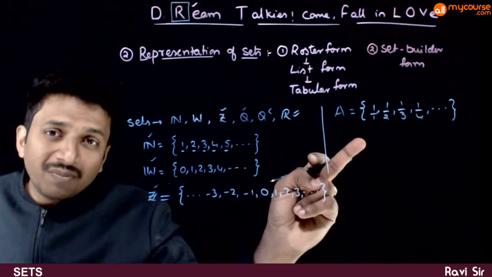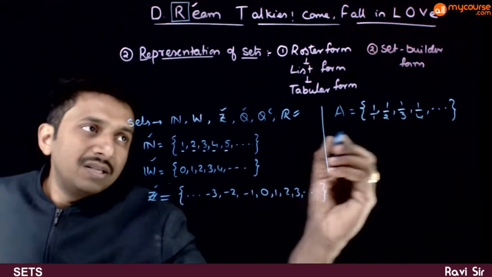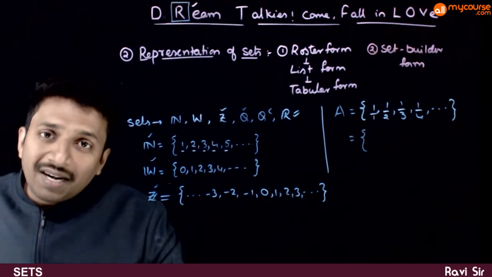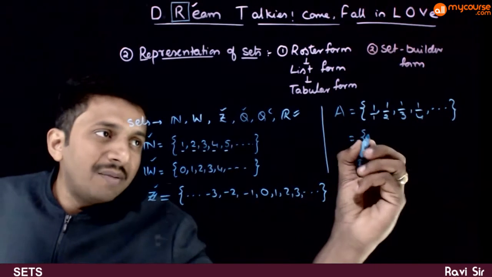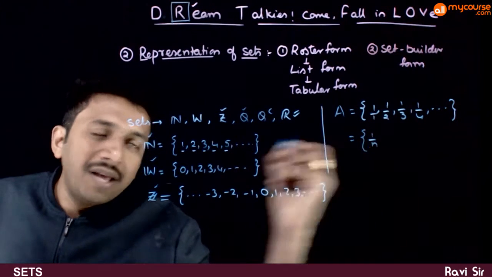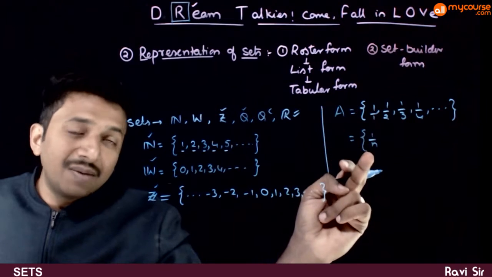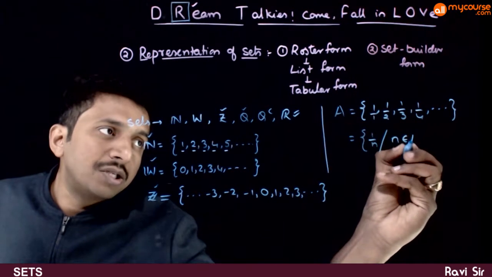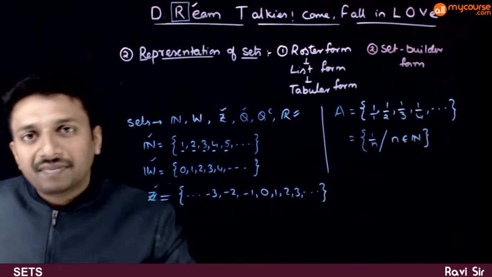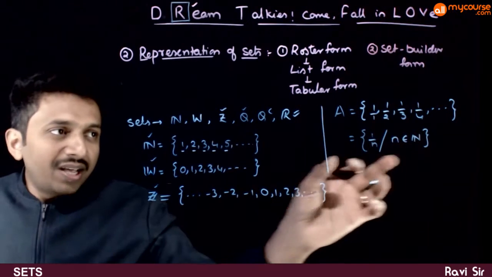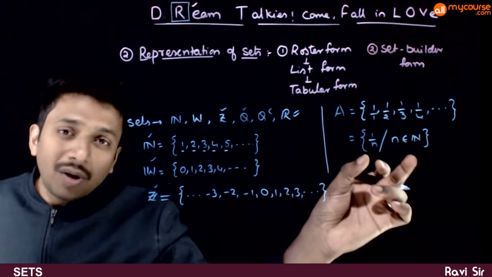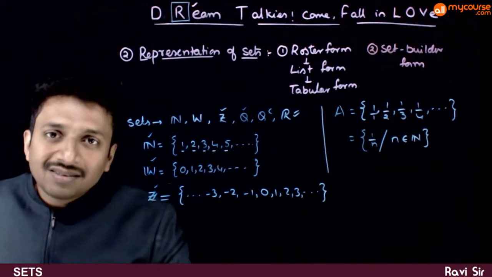Now this set can be represented in another way. This set contains numbers of the form 1 by n such that n belongs to natural numbers. When you read this as I have read, do you understand that this represents the same set as this?